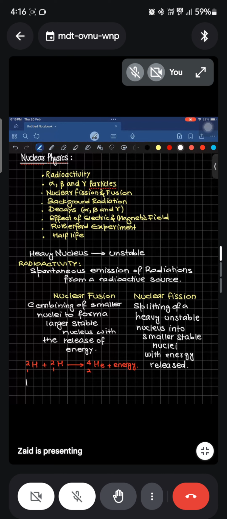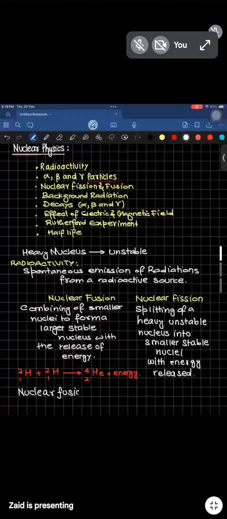So nuclear fusion requires extremely high temperature and pressure.